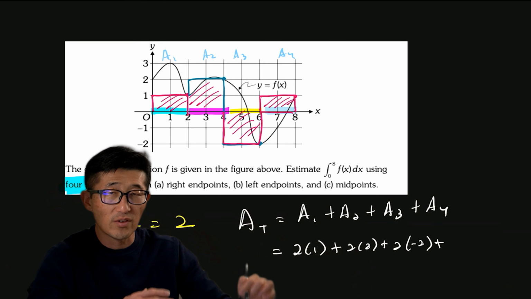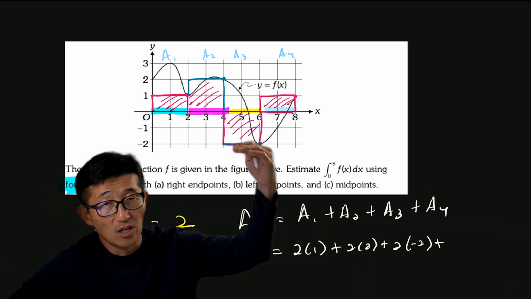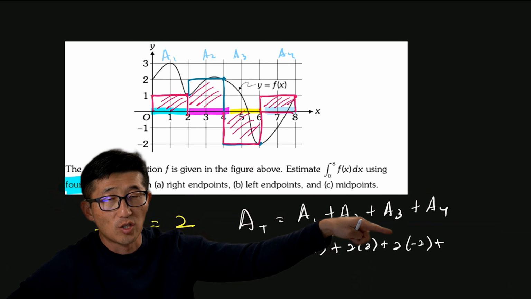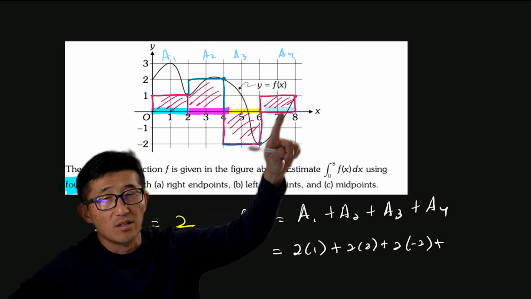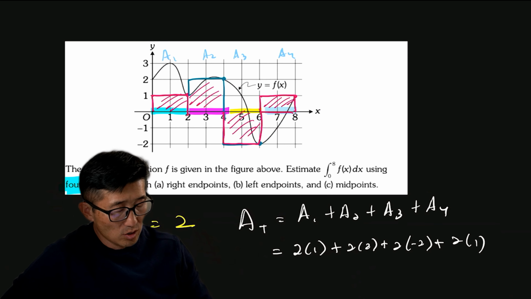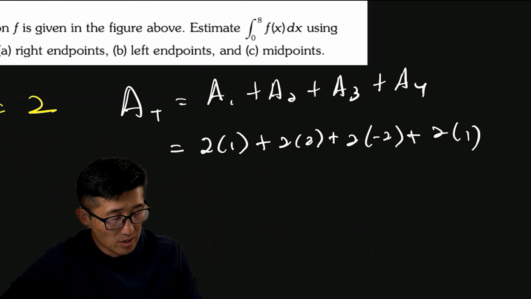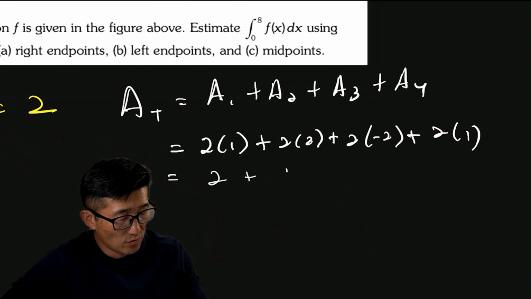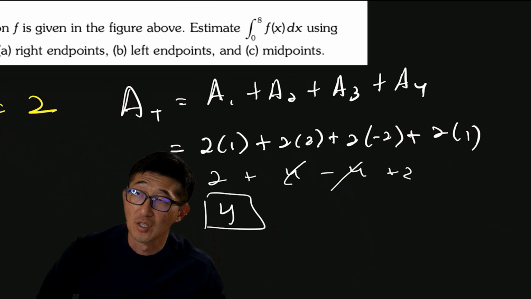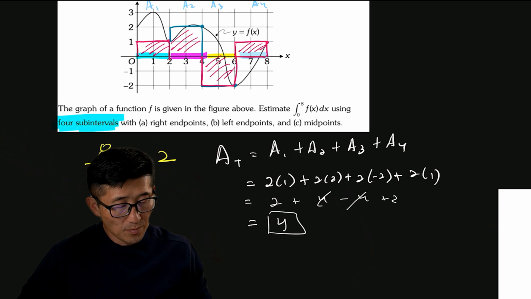Anytime you have an area underneath the x-axis, you have a negative area, so you have to make sure that this becomes negative. And this one's going to be positive, 2 times 1, which is 2. So it's just a matter of adding these up. We got 2 plus 4 minus 4 plus 2. Those would cancel out. The answer is 4.